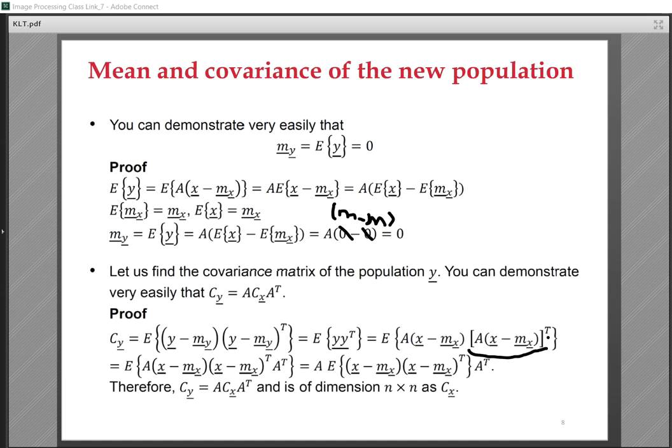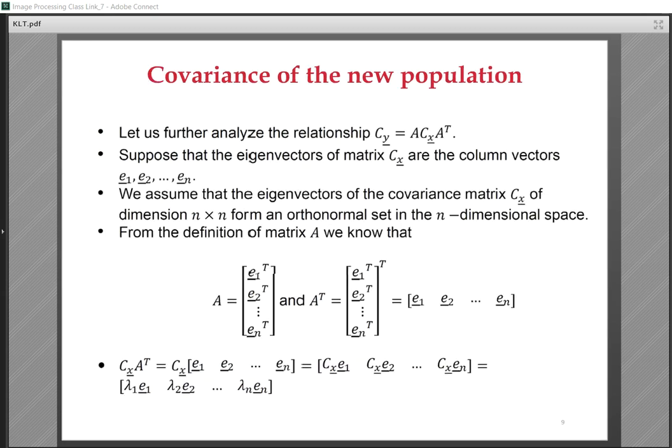Maybe we see in the next slides that Cy is better than Cx, the covariance matrix of the Y space is better than the covariance matrix of the first space.